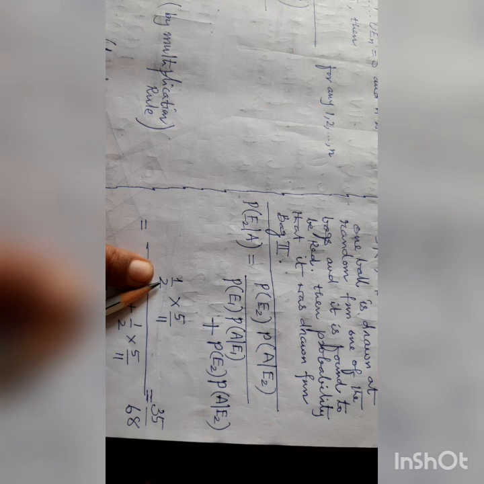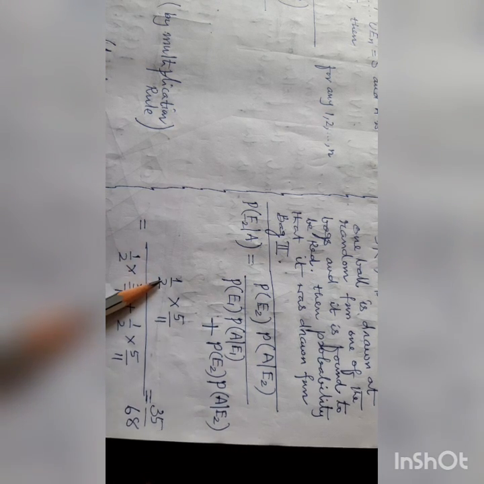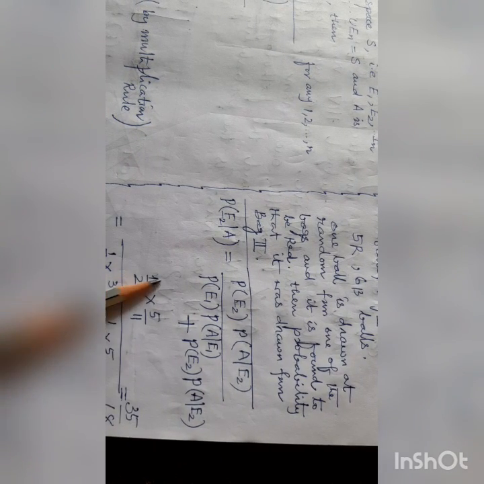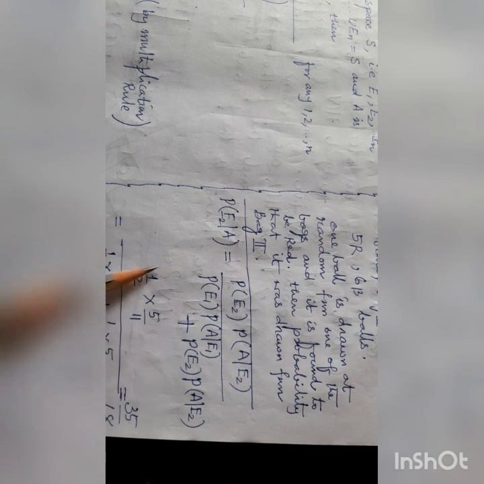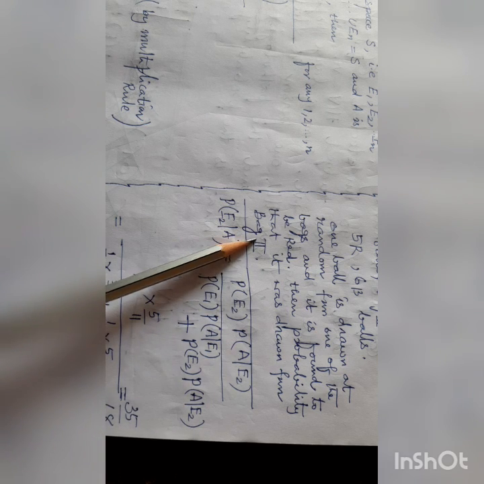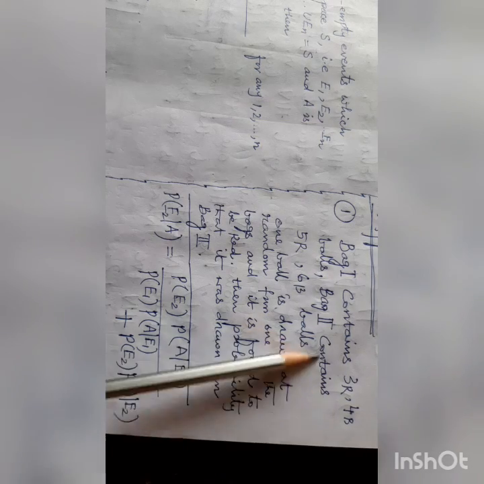How many bags are there? 2 bags. So the bag selection probability is 1 by 2, into the second bag red ball probability 5 by 11, 5 by total balls 11.